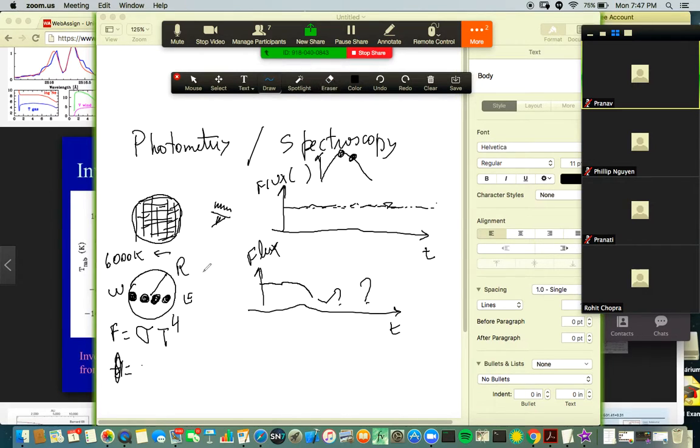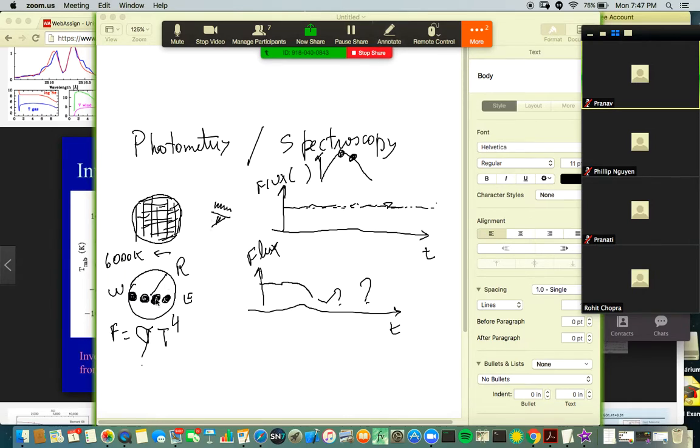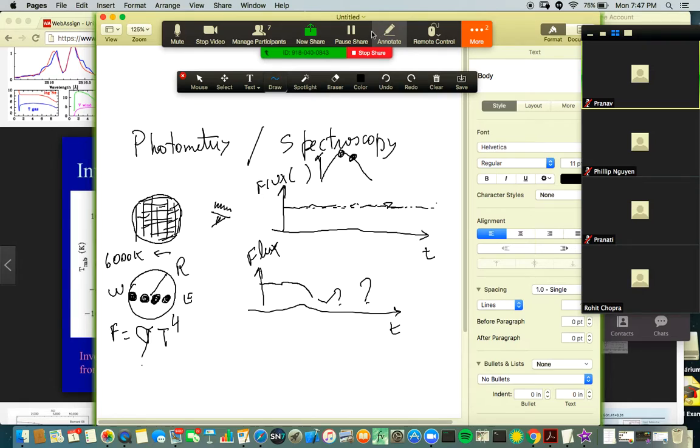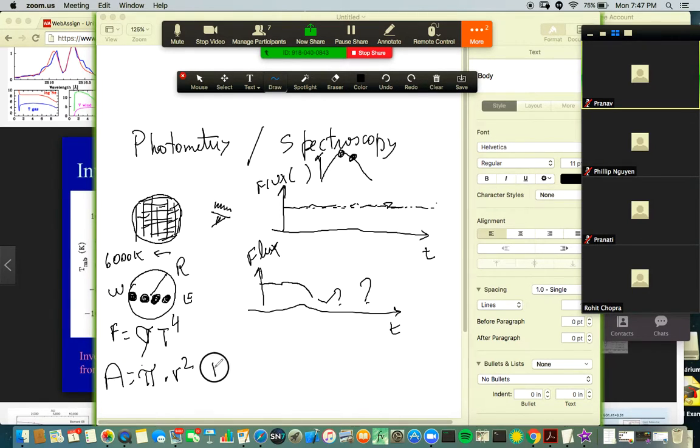This spot has an area that is equal to pi times radius squared, and r is, let's say, a tenth of the stellar radius, because this spot is supposed to imitate the size of Earth.